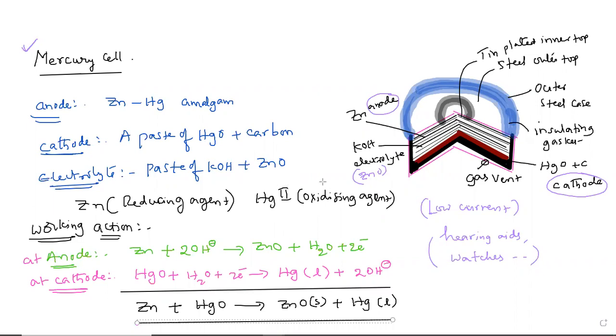Finally, if the application is asked, this can be used in hearing aids, earphones, watches and small devices where we require low current. Such devices take the help of the mercury cell to do their function.